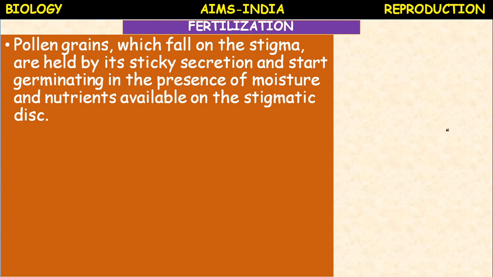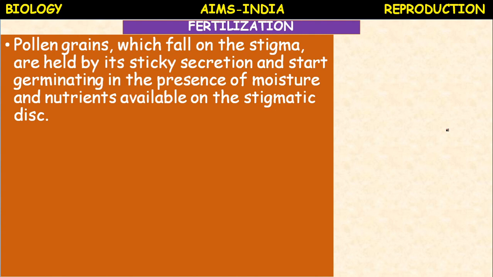Then entomophily. Entomophily is the most important method of pollination in most of the higher plants. Pollination by insects is called entomophily. And ornithophily, in some plants pollination takes place by birds. And if it takes place by bats, it is called chiropterophily.